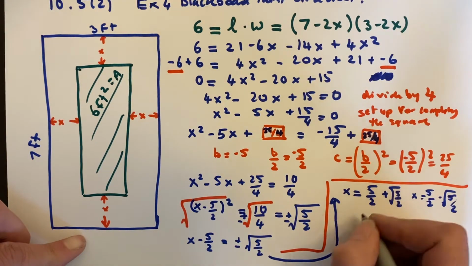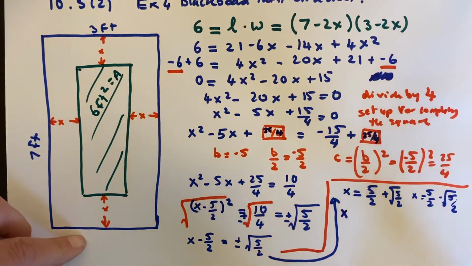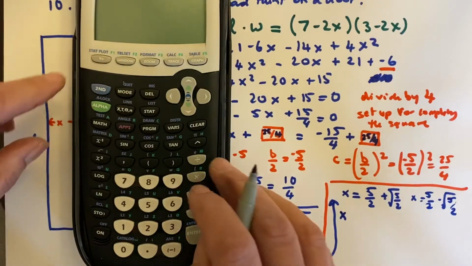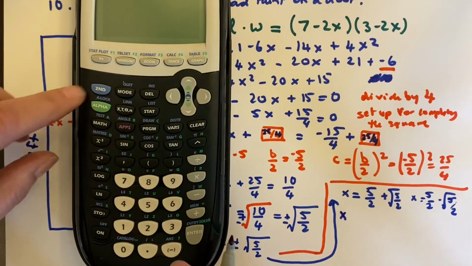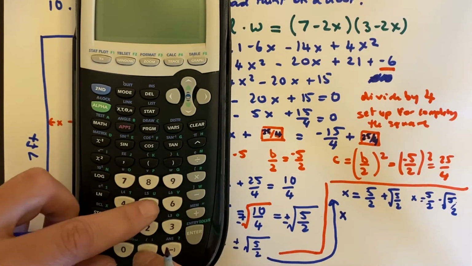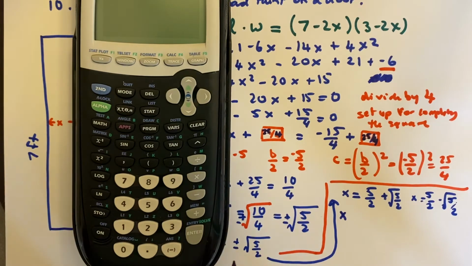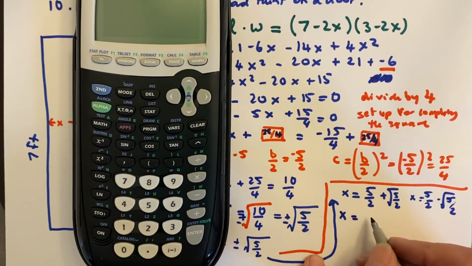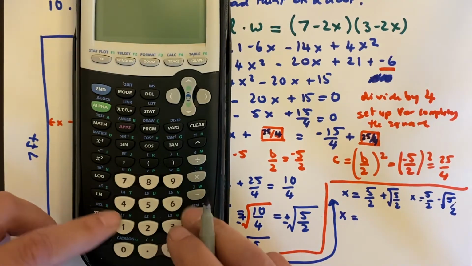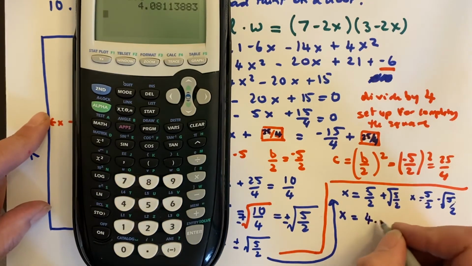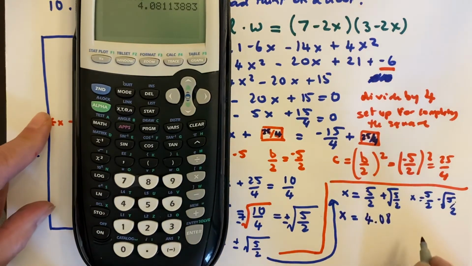Well, if I do that, the square root of 5 halves, well, 5 halves we know is 2.5, right? So if I have the square root of 2.5, that's 1.58, right? And if I add it to 5 halves, which is 2.5, I get 4.08 for my first answer.